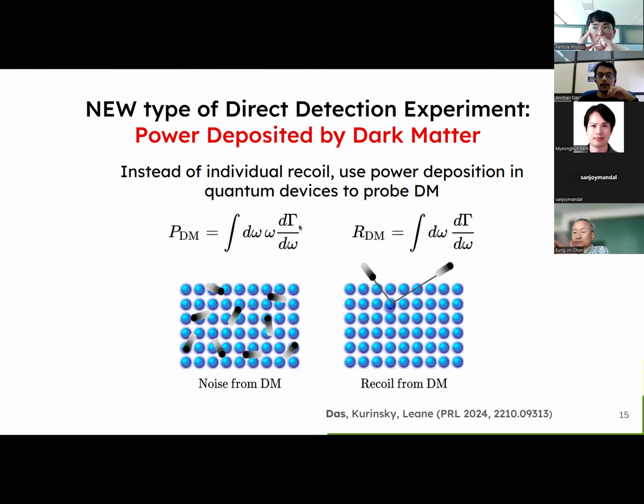Gamma is the rate, so hertz or per second. If you do this total integral, you just get watts, or if it's per unit volume, you get watts per unit volume. So that's actually the units for this PDM. When I say power, I mean watts per unit volume.